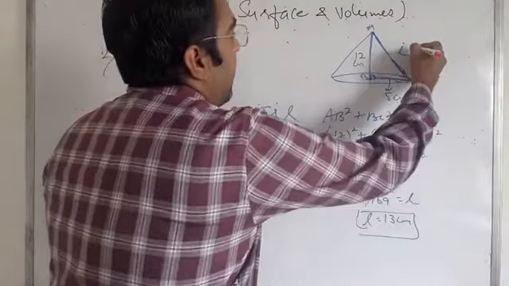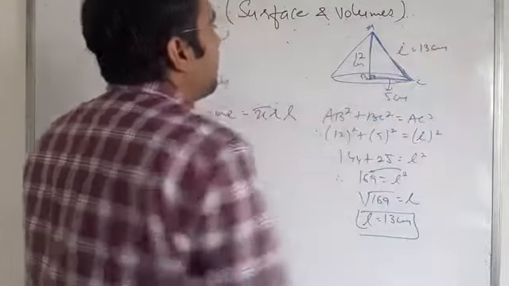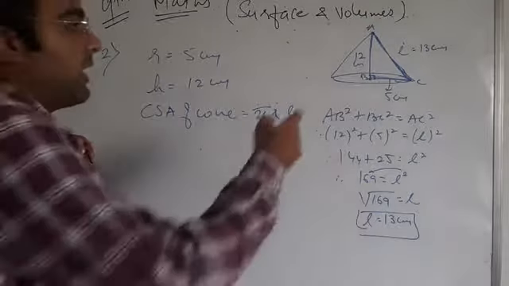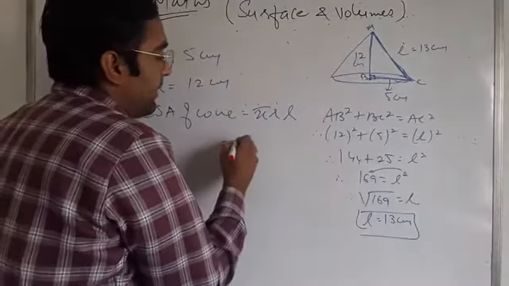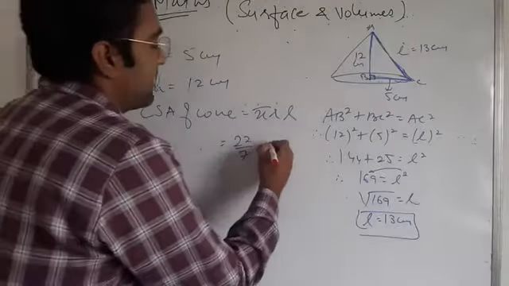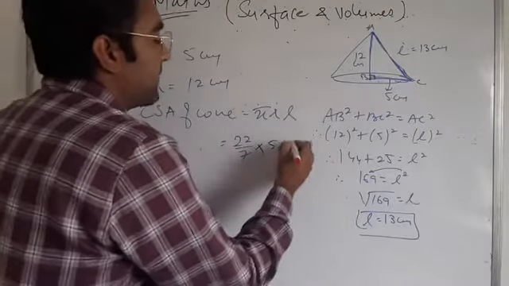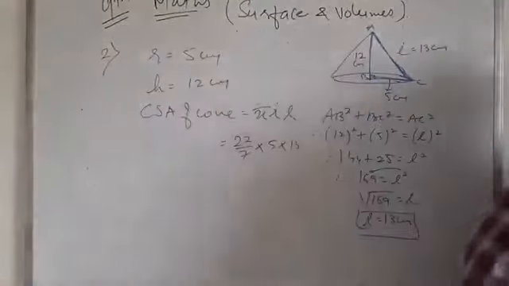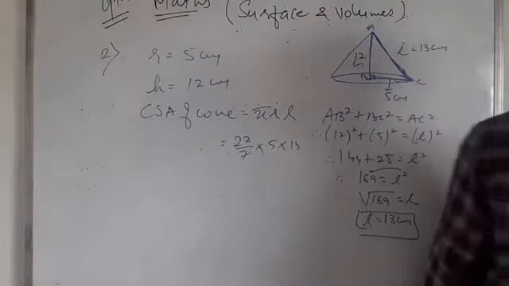What is my slant height? It is 13 centimeter. Now we have to put the value of the slant height here. So 22 by 7 into radius 5 and slant height 13.